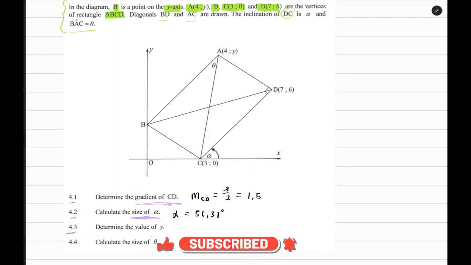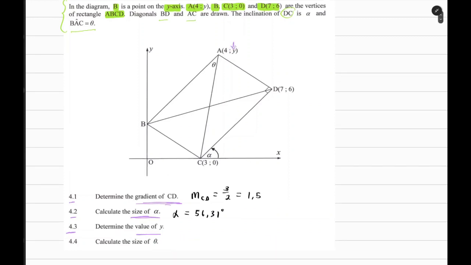The next question says determine the value of y, and y in the given case is the y-intercept of the point A. Recall that the line segments CD and AD are perpendicular, meaning that the angle between them is 90 degrees because ABCD is a rectangle.